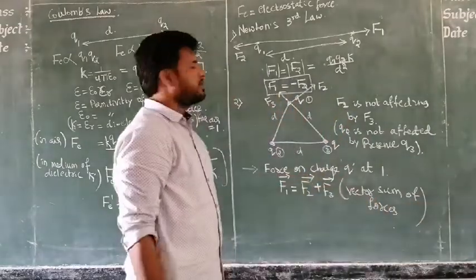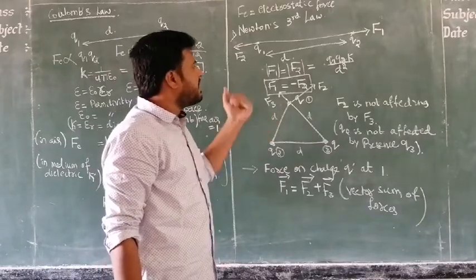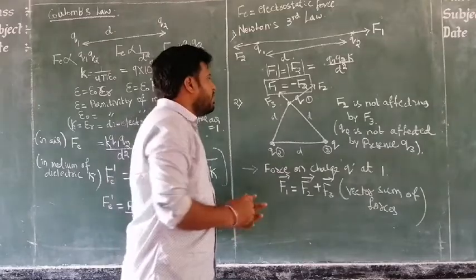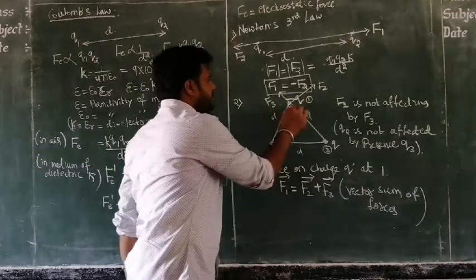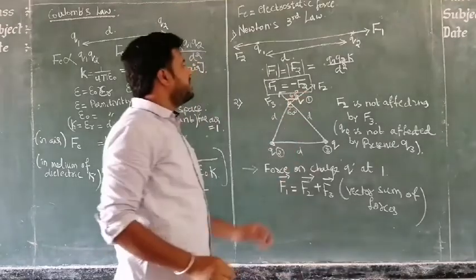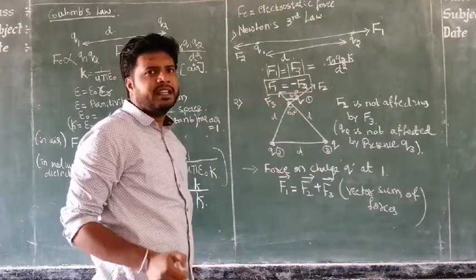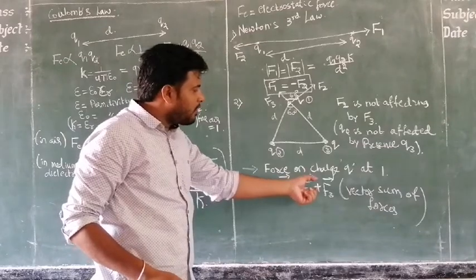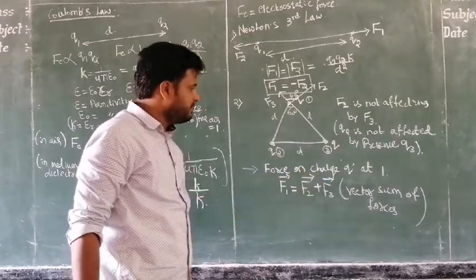How? We know all these forces have directions, which means they are vector quantities. If you find the angle between them, it is an equilateral triangle. If this is 60, it should also be 60. The angle between F2 and F3 is 60 degrees. So we can apply the law of parallelogram to find the value of F1.